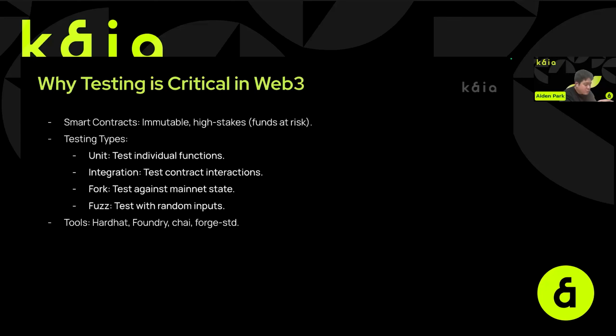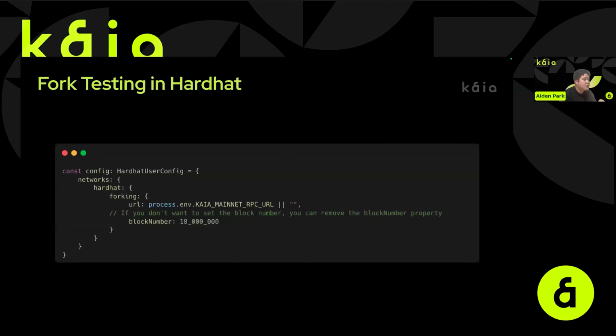But we might want to test with thousands or millions, billions of inputs, for numbers from zero to billion. In that case, fuzz testing helps to cover those cases. So let's dive into each topic in the next slides.